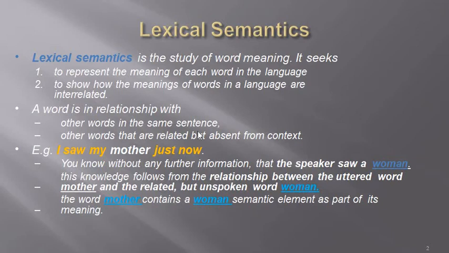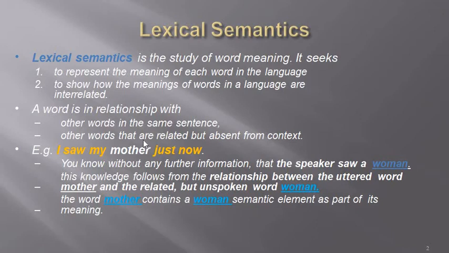When we talk about the meaning of words, they do interrelate, because in property type theory you learned that different objects have properties and share them with the main central object, so they fall under that category. So when we talk about word relationships, there are also other words that are related but absent from the context.